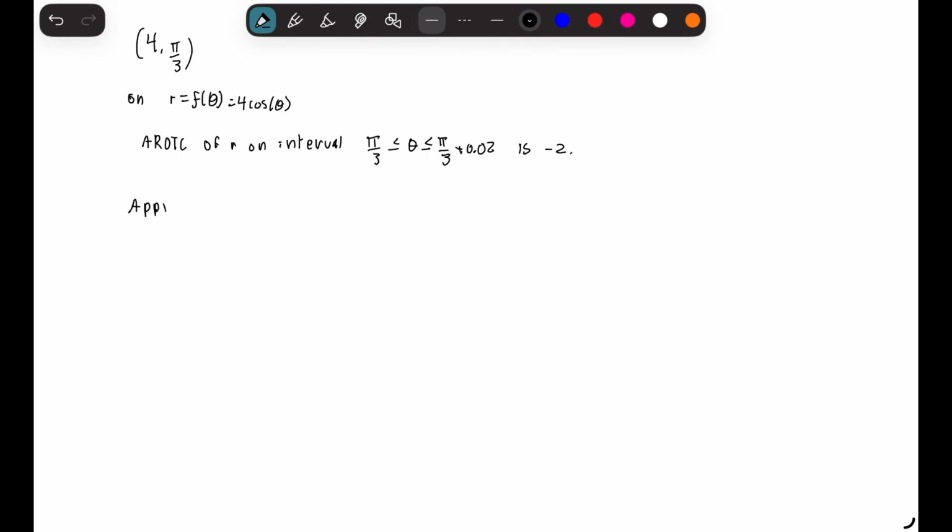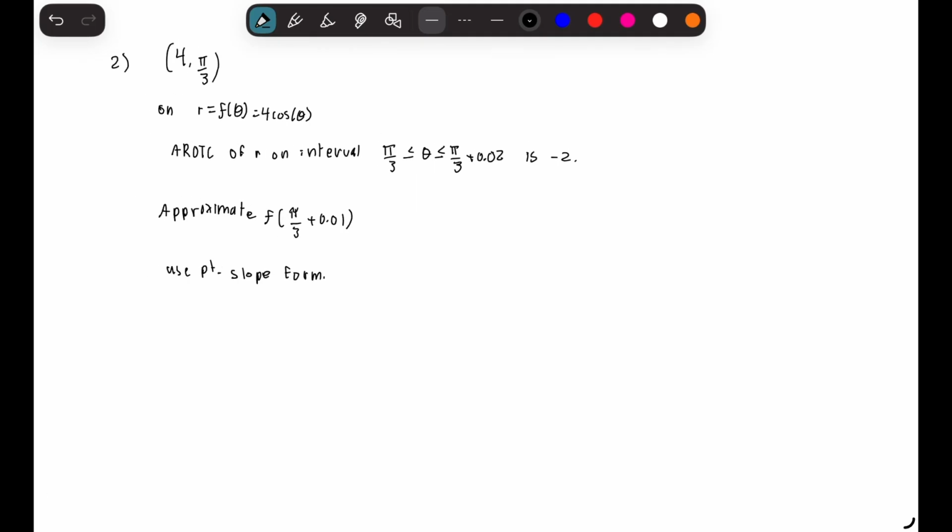We want to approximate f of pi over 3 plus 0.01, and you have to use point slope form. If you want, you can pause the video and try this yourself.